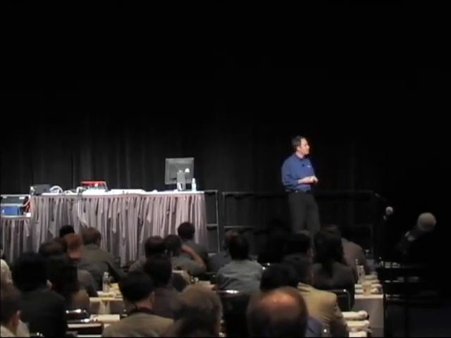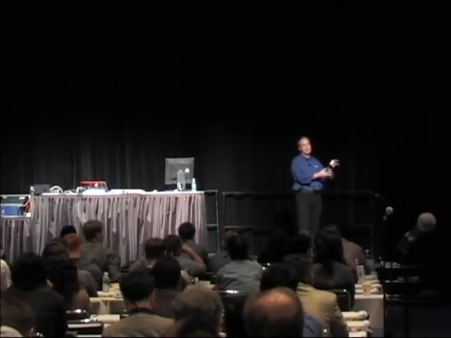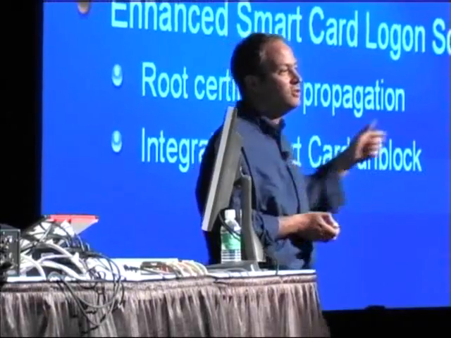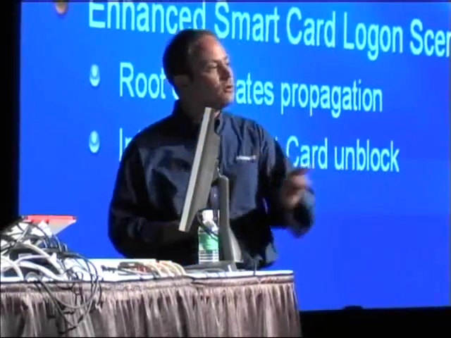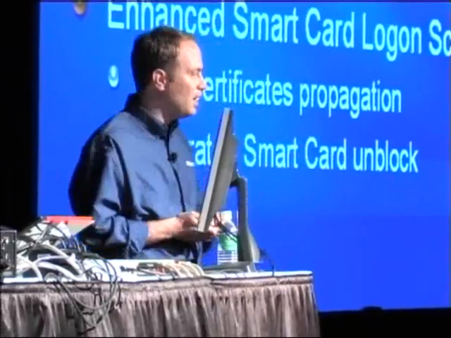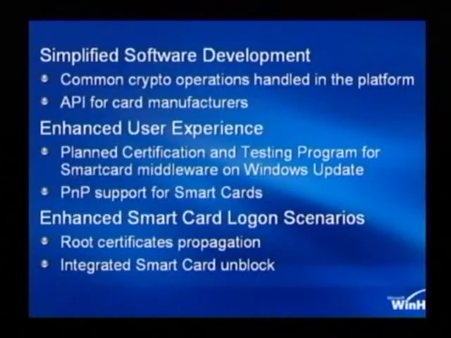One of the things we've done is integrate the unblock and PIN change functionality into the Vista Logon UI. So now I can unblock my card even before logging into the OS. The way that we've implemented this is using credential providers. Some of the UI is just a PIN, and some of the UI is the actual challenge response that we are using to unblock cards.